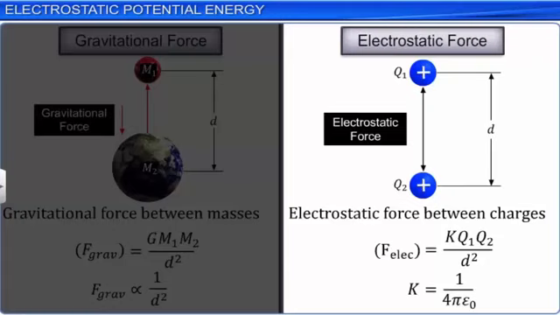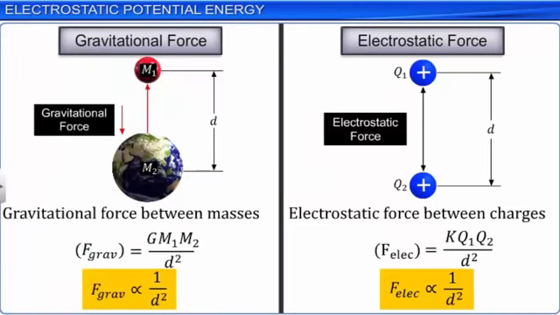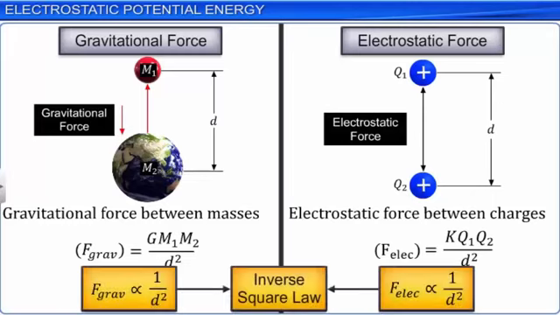We can say that the electrostatic force F is inversely proportional to the square of the distance d between the charges. When a force acting between two bodies is inversely proportional to the square of the distance between them, that force is said to be obeying the inverse square law. We observe that both gravitational force and electrostatic force obey the inverse square law.